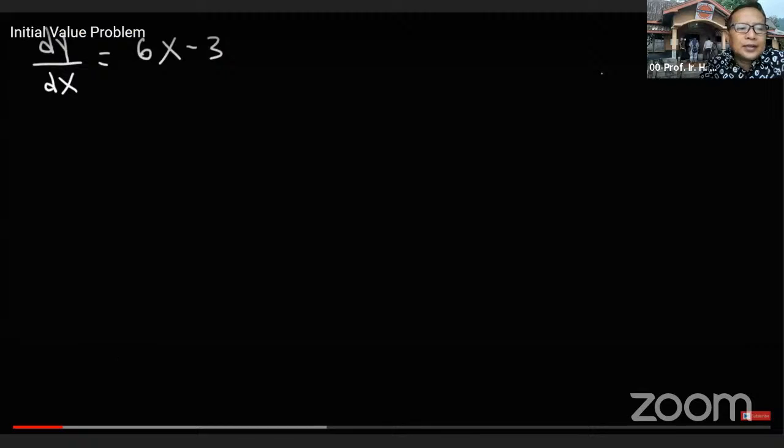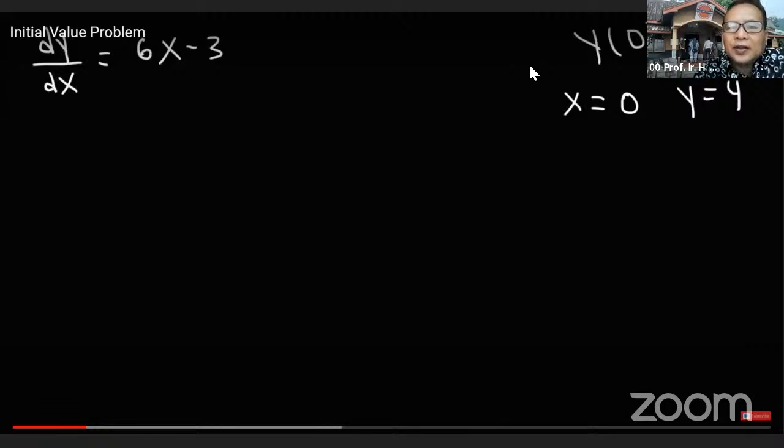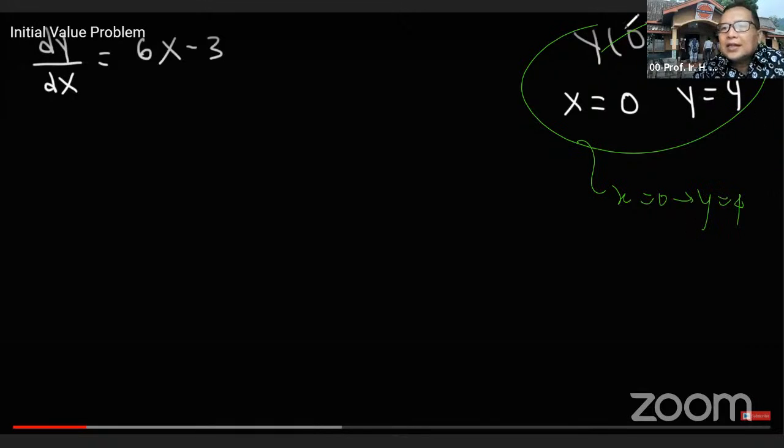Because you know that there is an initial value. What is the initial value? Yes, this one. This is the initial value. Whenever x equals 0, y equals 4.